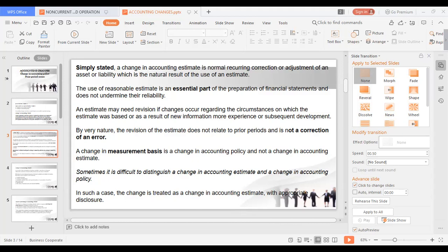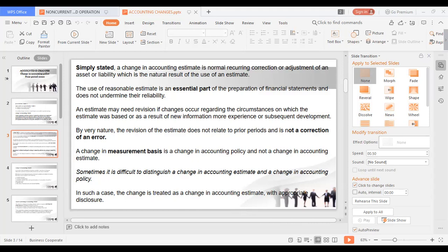In reviewing the draft financial statements for the year ended December 31, 2020, the company decided that market conditions were such that the provision for inventory obsolescence should be increased by 3 million.